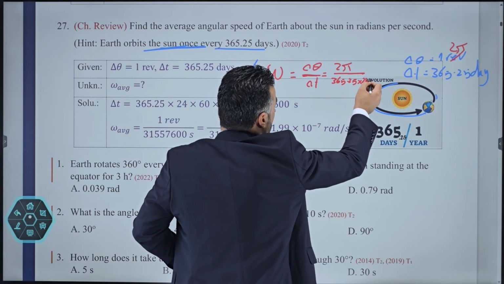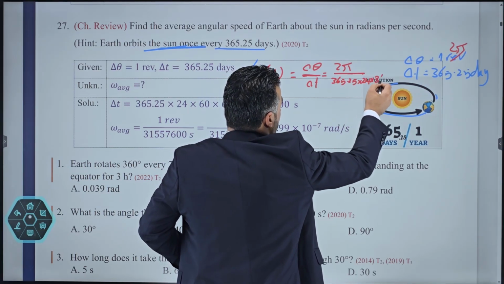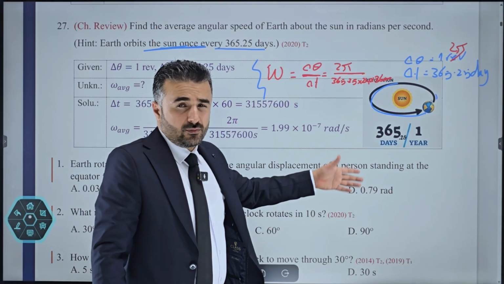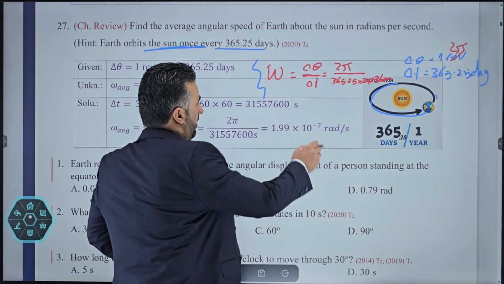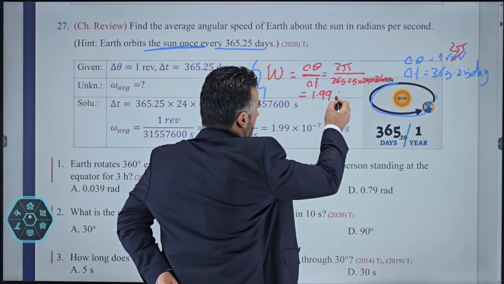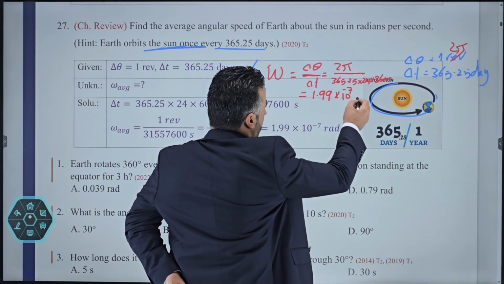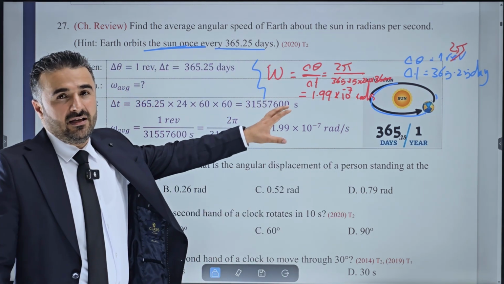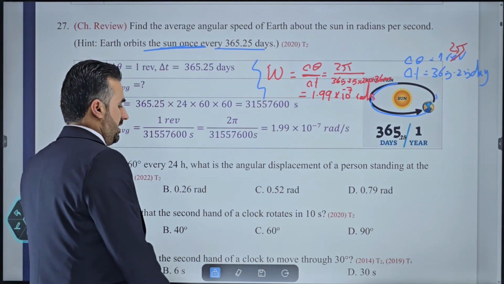Every day is 24 hours, and every hour is 3,600 seconds. I should have written it below somewhere, but that is totally fine. So once you do the math, of course, you'll get 1.99 times 10 to the power negative 7 radian per second, and that is how easily you can find the answer.